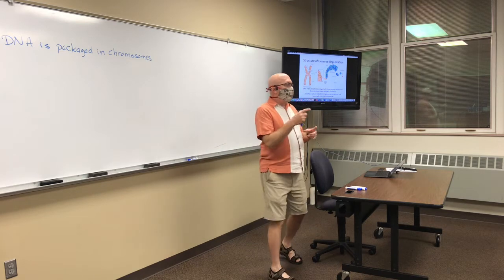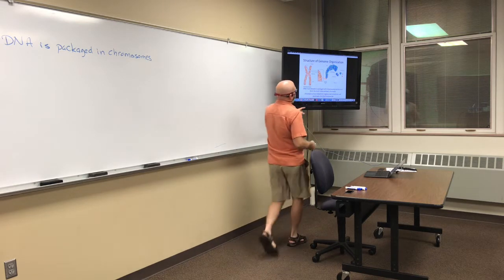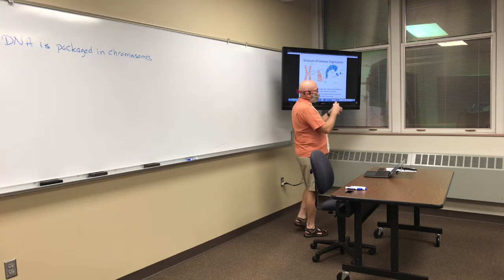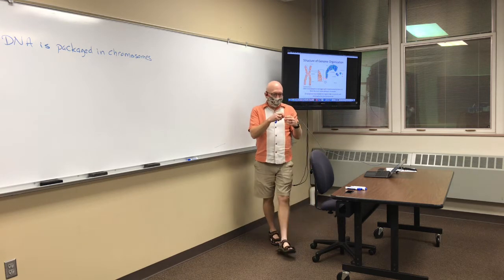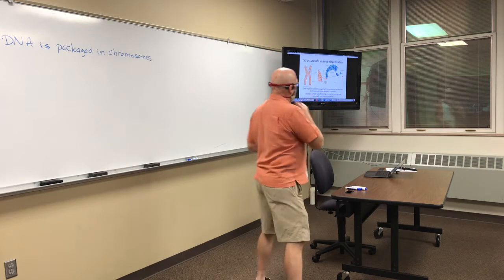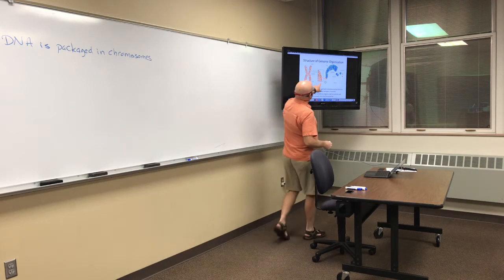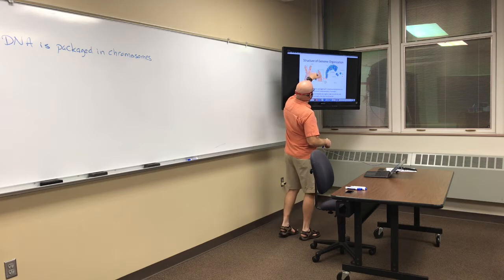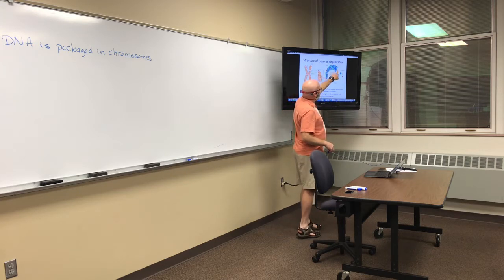That molecule then gets wrapped around some protein molecules, and then those protein molecules clump together to form the chromosome. So when you look at a chromosome, it's actually made up of a large number of these histone molecules that have DNA wrapped around them.